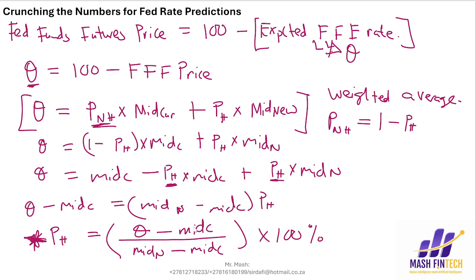But the midpoint of the current range, both of them are subtracted. Both of them, at the top, you subtract the midpoint of the current range, and at the bottom, you subtract the midpoint of the current range. And then on top, you take the effective federal funds rate, and at the bottom, you take the midpoint of the new range. So this formula, very important.